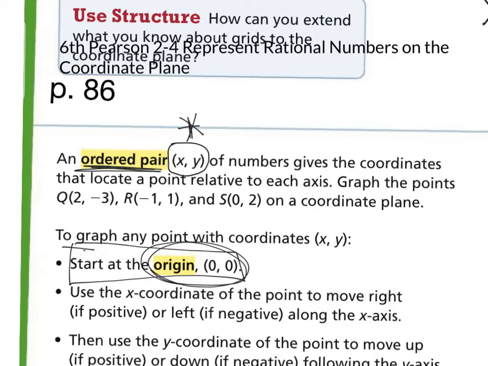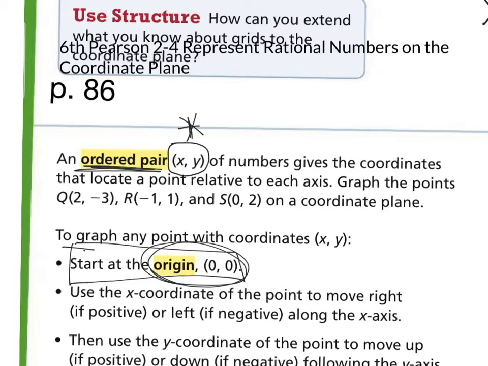When we're going to graph a point, they will use what's called an ordered pair, so we know where the point is going to be located. The ordered pair, we put in parentheses: an x, then a comma, and then a y. Anytime we graph a point, we can start at the origin, where the x and the y meet.